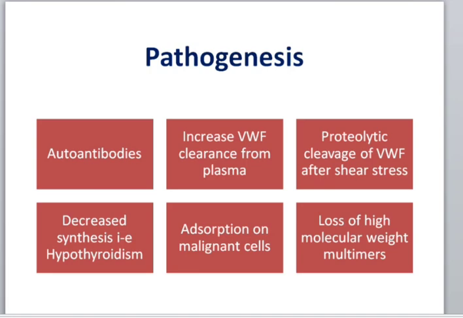Decreased synthesis in the case of hypothyroidism, or adsorption on the malignant cells. So these are the few pathogeneses of acquired von Willebrand syndrome. You should remember them. They can be asked in the viva for sure, or in the paper, either in Part 1 or Part 2, as a 3 or 4 marks question.